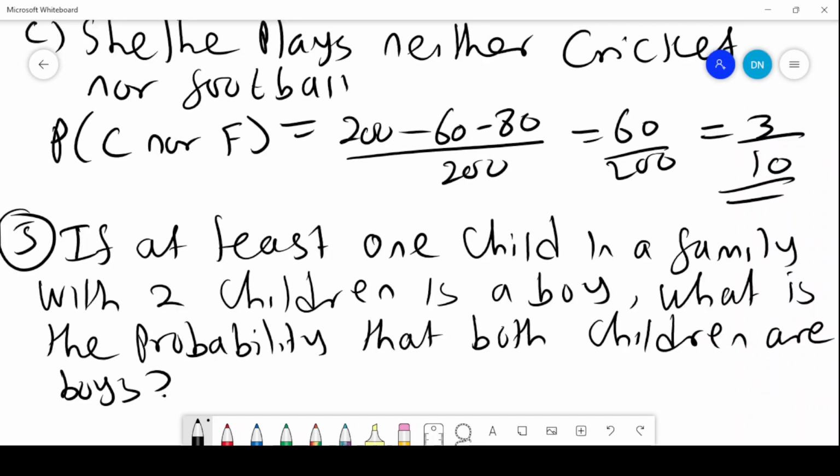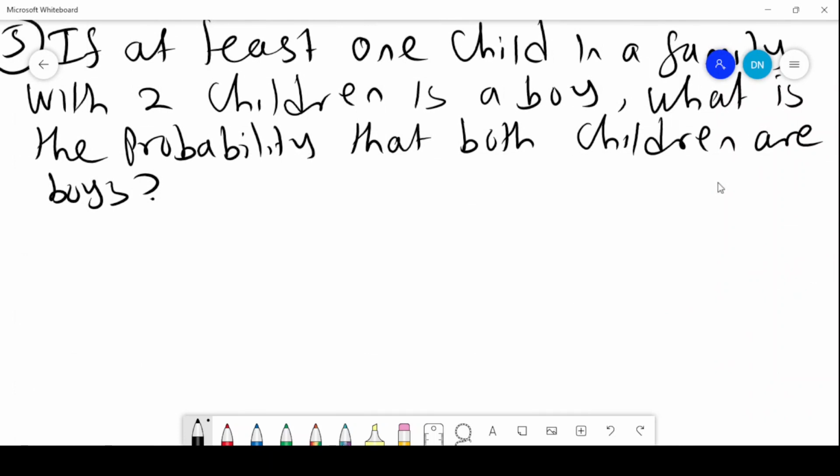If at least one child in a family with 2 children is a boy, what is the probability that both children are boys? So what the question is telling us is that this family has 2 children. So we want to put down the sample space. They could both be boys. They could both be girls.